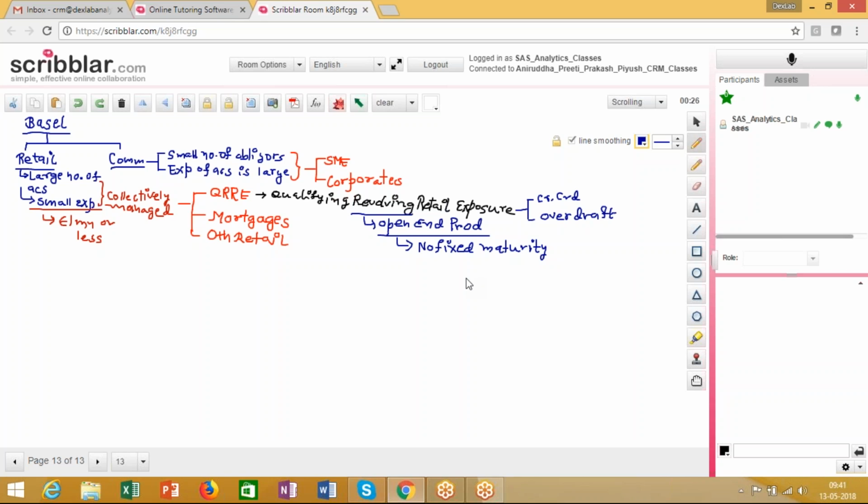So a revolving product is characterized by two very important features. One is the balance.